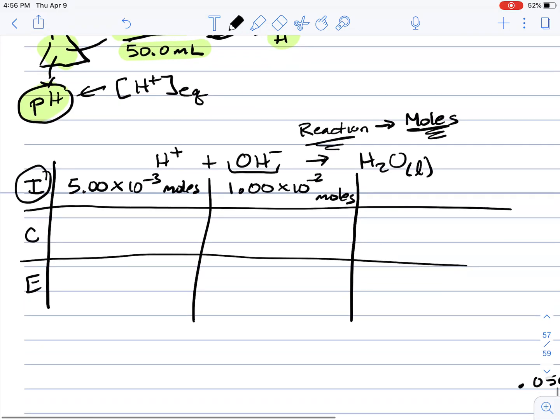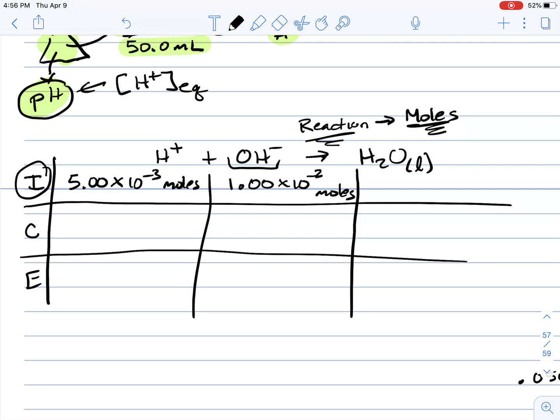All right, once again, we have this battlefield going on where the acid is battling it out with the hydroxide and vice versa. So which do you think will dominate? Which one will lose, so to speak? It turns out that in this case, this negative 3 is much smaller than a negative 2.